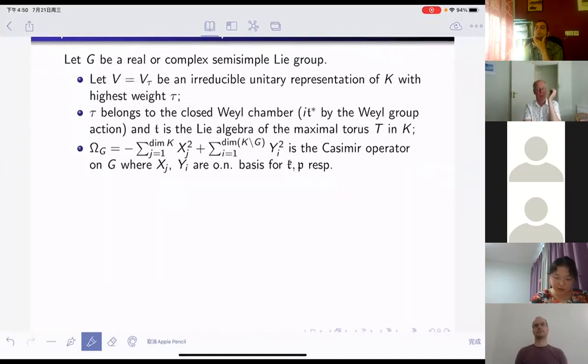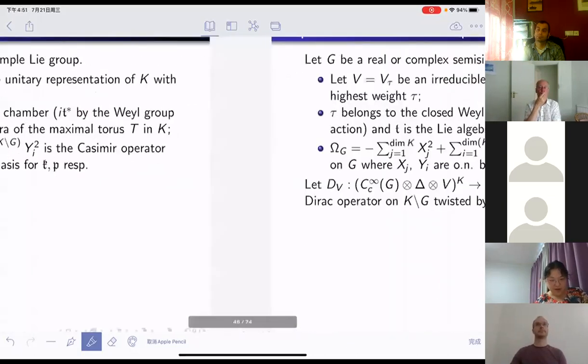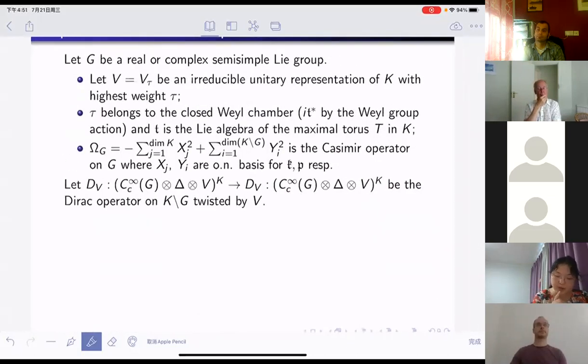On this slide, I'm going to mention a technical result about the square of the Dirac operator. It is not going to be used today, but it will be used in the third lecture. So a precise calculation of the square of the Dirac operator of K. So we need some preparation about this. The Dirac operator we are considering is the canonical Dirac operator D on G mod K, just as defined on the previous page, twisted by a K representation.